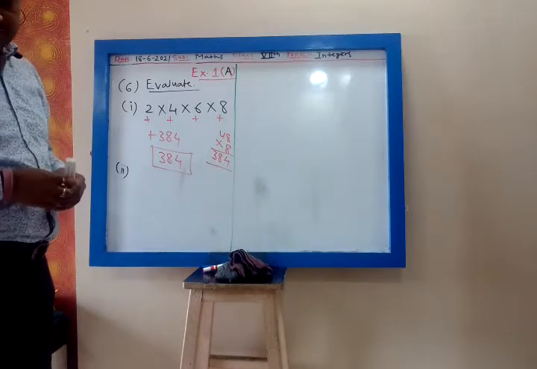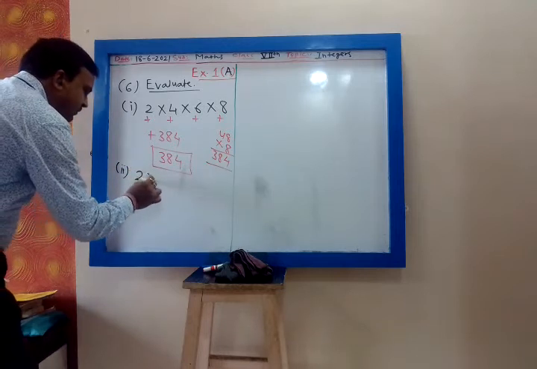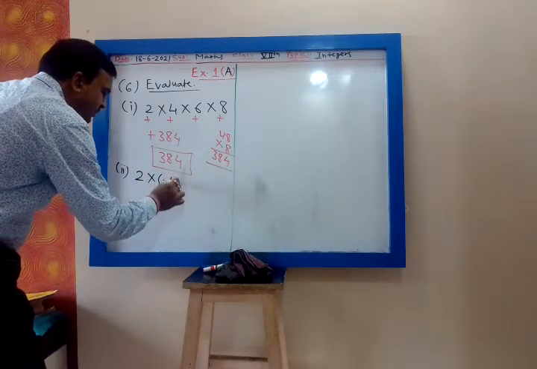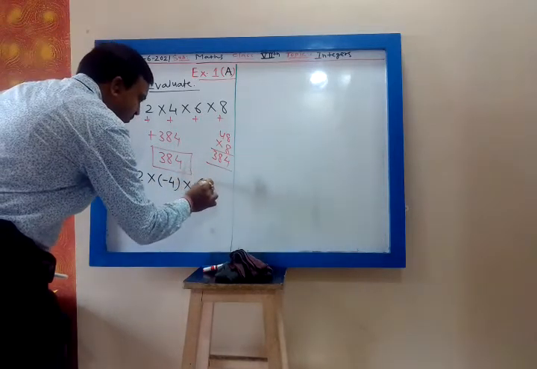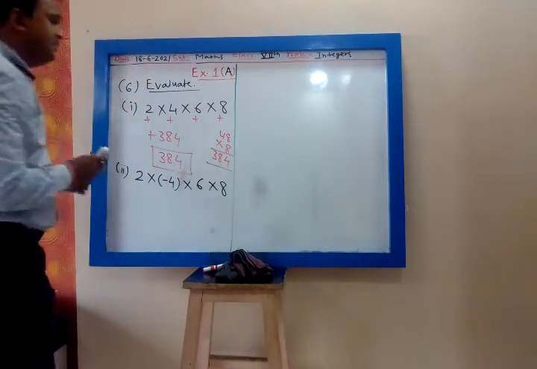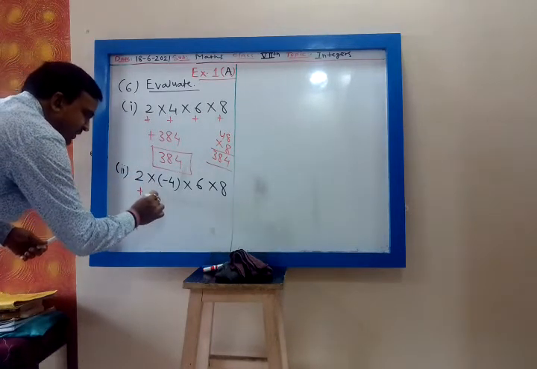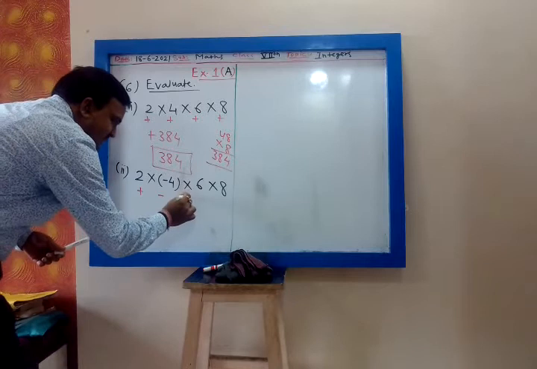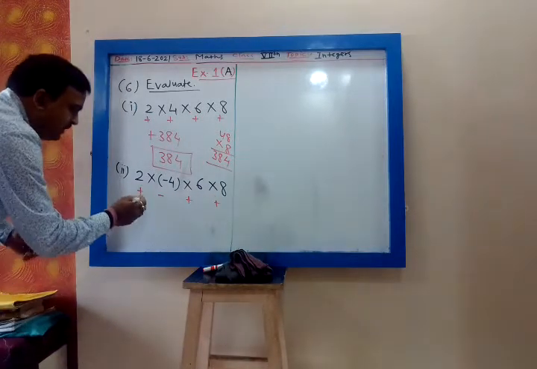Now second, 2 into minus 4 into 6 into 8. So first you have to multiply the sign, my dear. What is the sign of this 2? Plus. This is minus. This is plus. No sign means plus sign. Now you multiply.